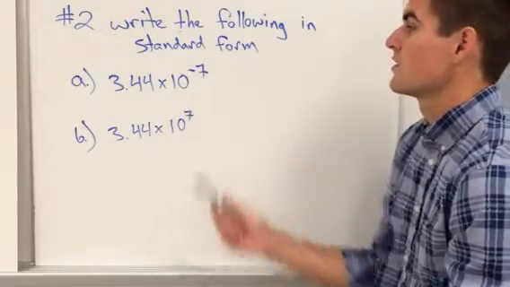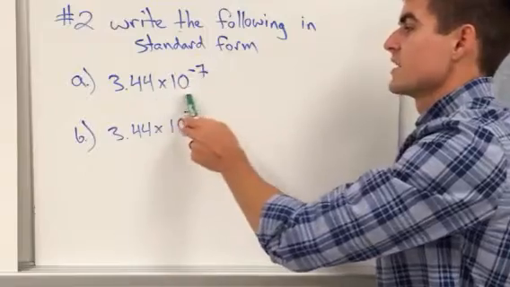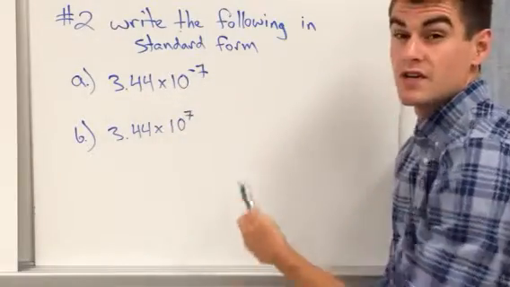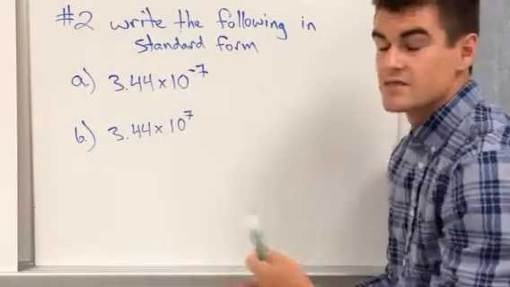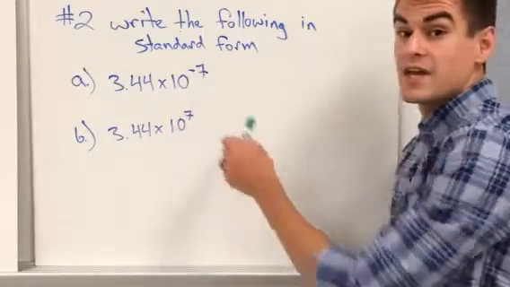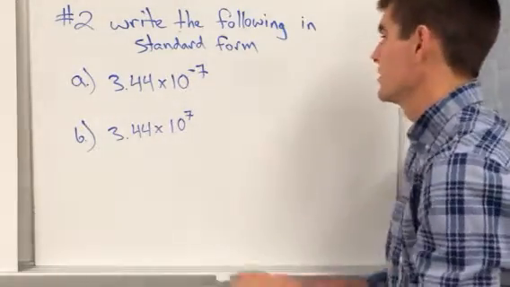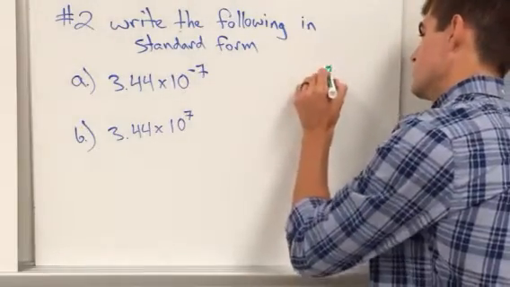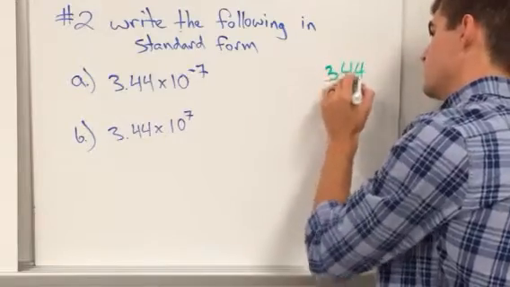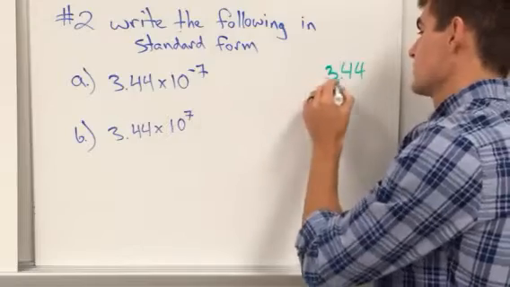What you want to think about is, how do I make this times 10 to the 0, because that's times 1? To do that, I need to make the exponent more positive, and to make it more positive, I move the decimal to the left. So 3, 4, 4, the decimal here, and I want to move it 7 spaces to the left.